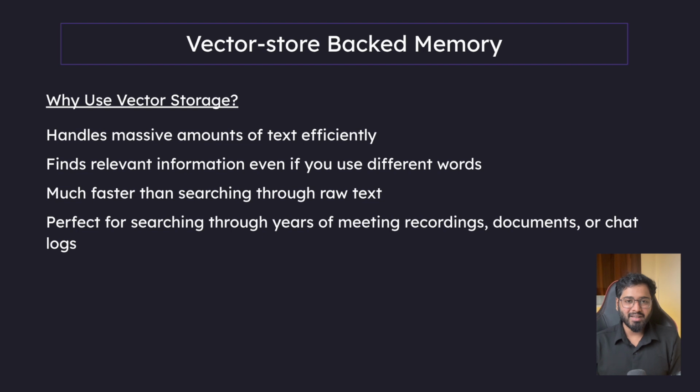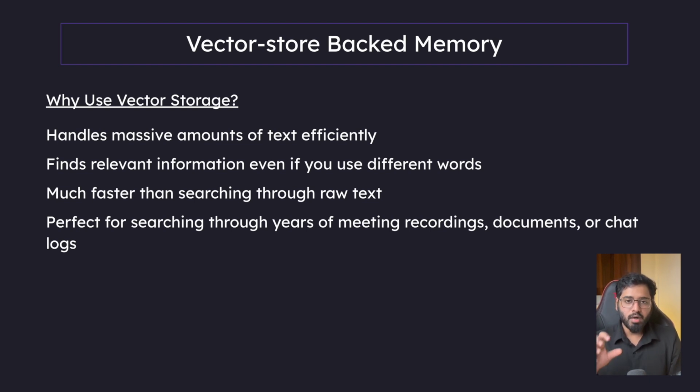So you can imagine, let's say you want to record or transcribe all of the Zoom meetings that happened in your company for the last one year. You might have had so many different meetings every single day, right? That is a lot of data. And you want the AI to search for what happened on this particular day, or what did we talk about with, let's say, John.